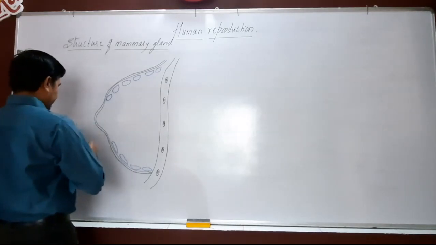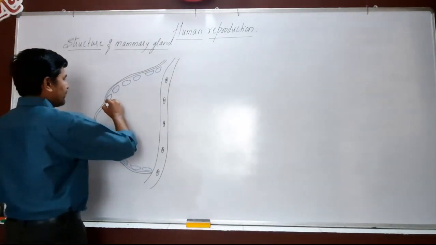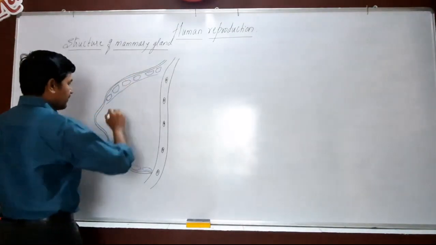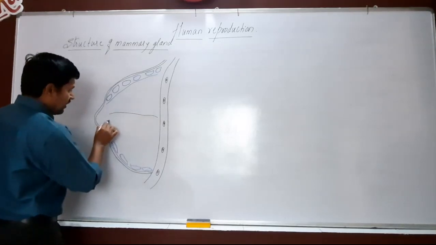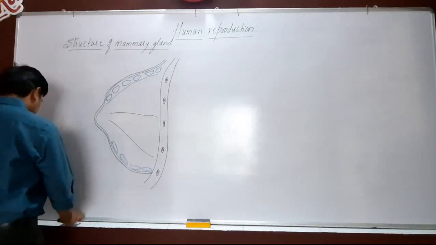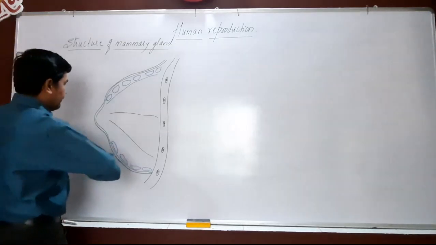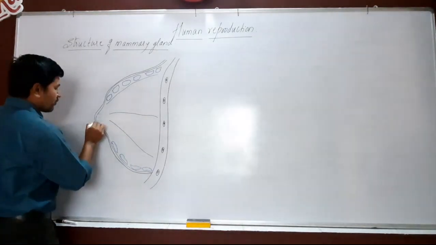And these mammary glands also have different lobules. Now certain ducts are also located here.